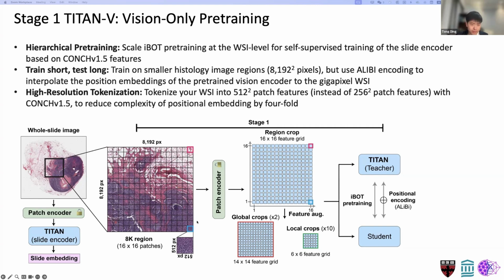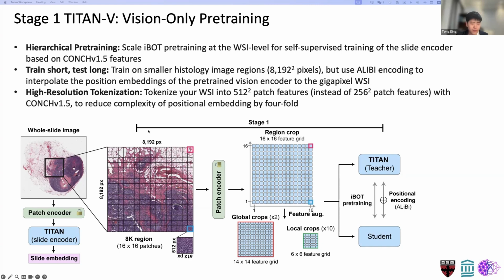Another strategy we use is to tokenize the slide with 512 by 512 patch features. This not only enables us to view more context at the patch level, it also reduces the complexity of the positional embedding by 4-fold.